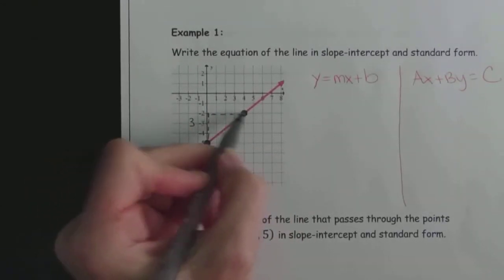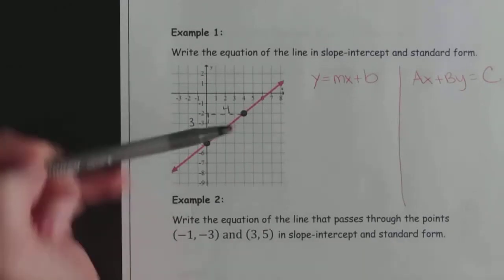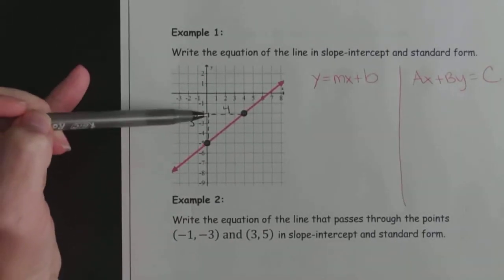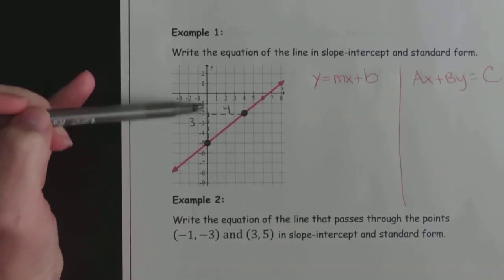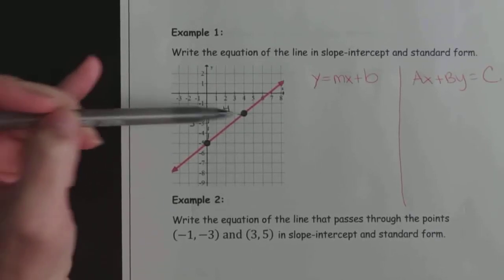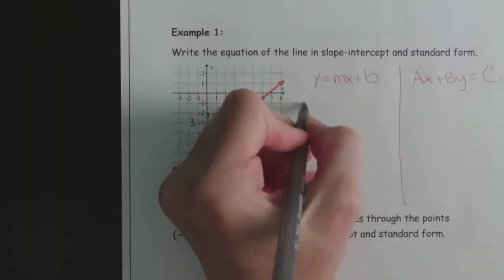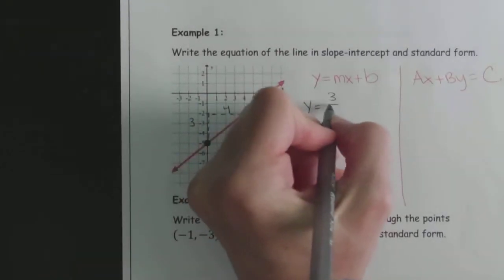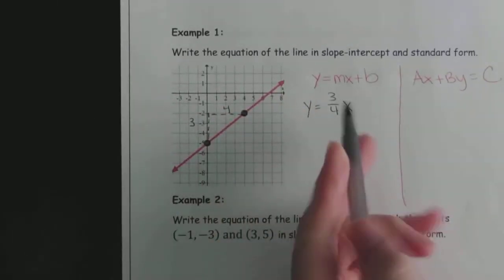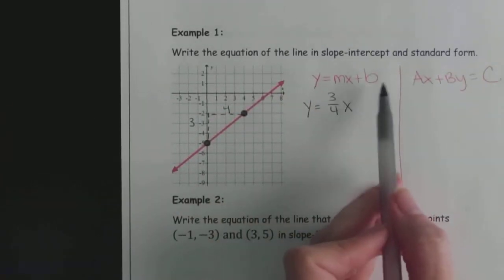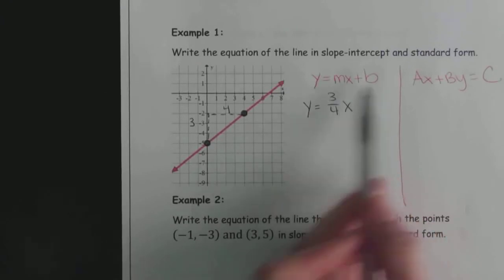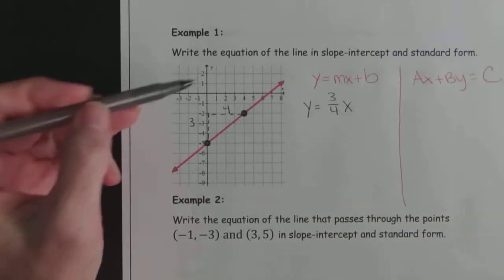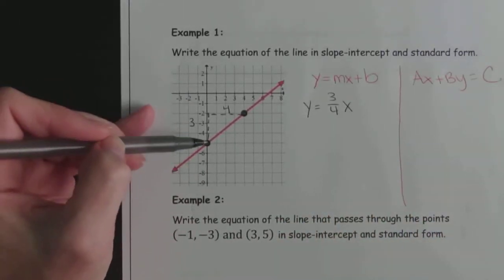So I'm coming up 3, positive 3. And I'm scooching to the right. Let's see how many. 1, 2, 3, 4. That makes my slope a change in y, which is 3, and a change in x, which is 4. So I'm going to write y equals 3/4 x.